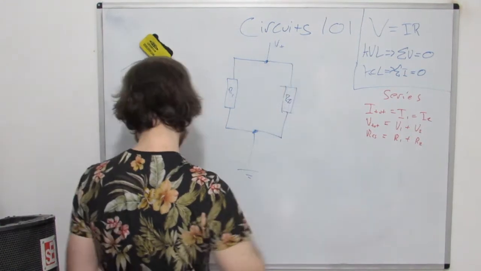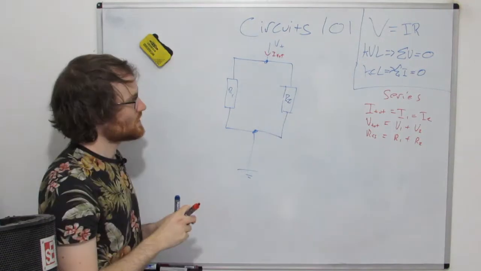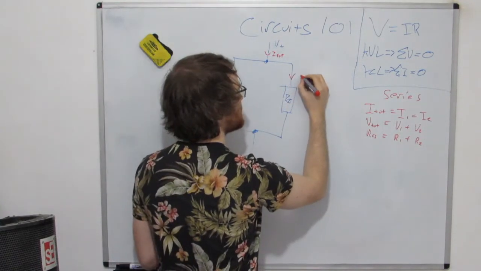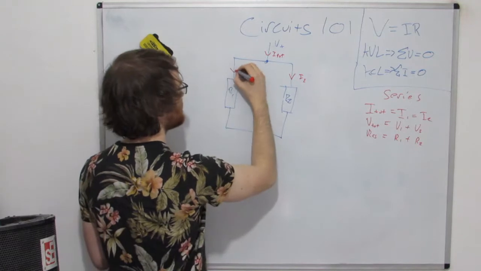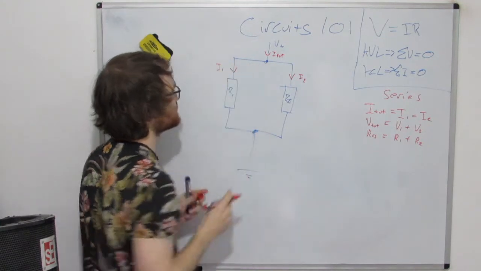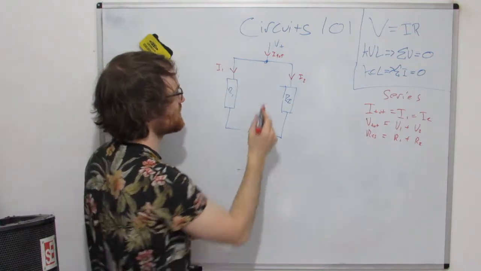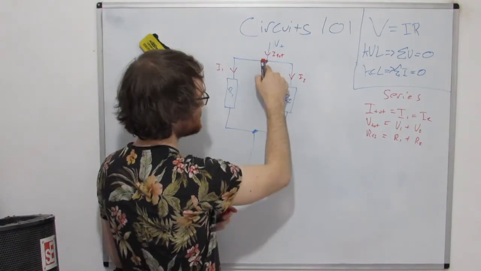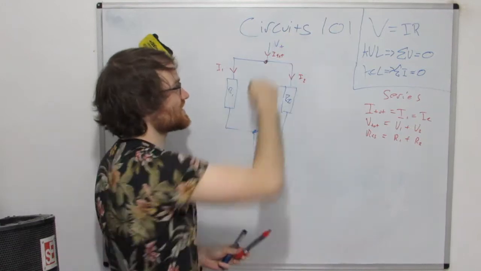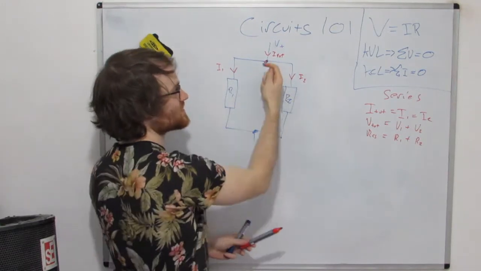So we've got V here, we've got some current coming in here, and so we know there's going to be an I2 here, because this is R2, and an I1 here. What this KCL, Kirchhoff's current law, is saying is that the current going into this is equal to the current coming out.